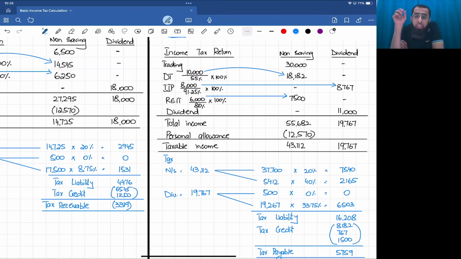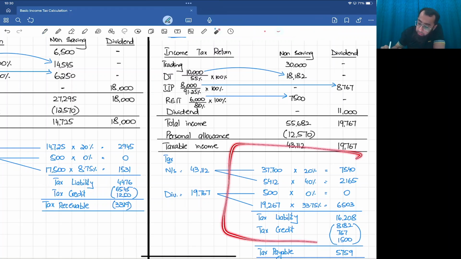You add total income, you adjust the allowance, you get the taxable income, and then simply apply the tax rates. I believe you guys are understanding how you have to deal with it. See, the key is the practice. When you do practice, you will automatically start to learn these things, the withholdings, the format, and everything will start to become easier for you guys.